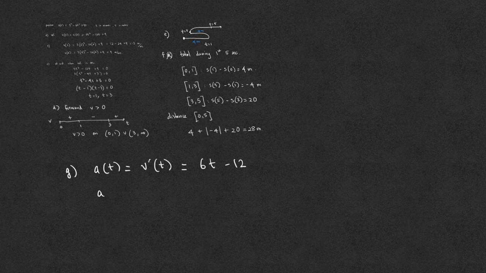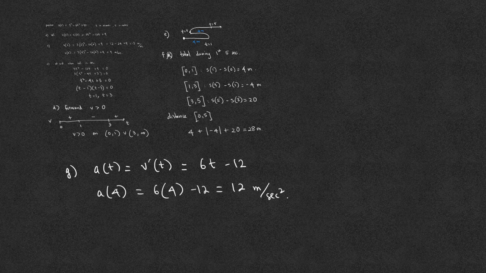After 4 seconds, the acceleration a of 4 equals 6 times 4 minus 12. 6 times 4 is 24 minus 12, which is 12. The unit for the acceleration is meter per second, so meter per second squared.